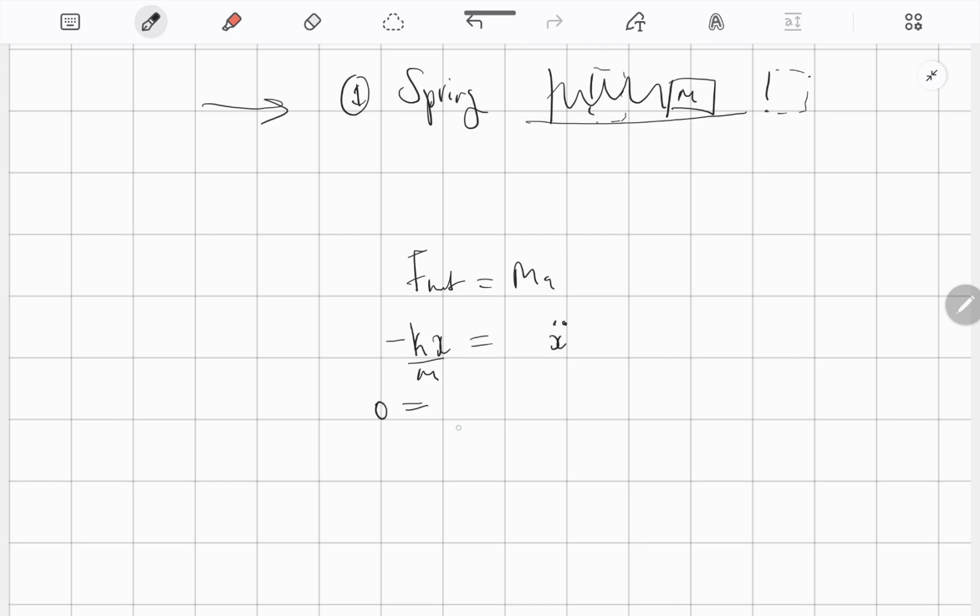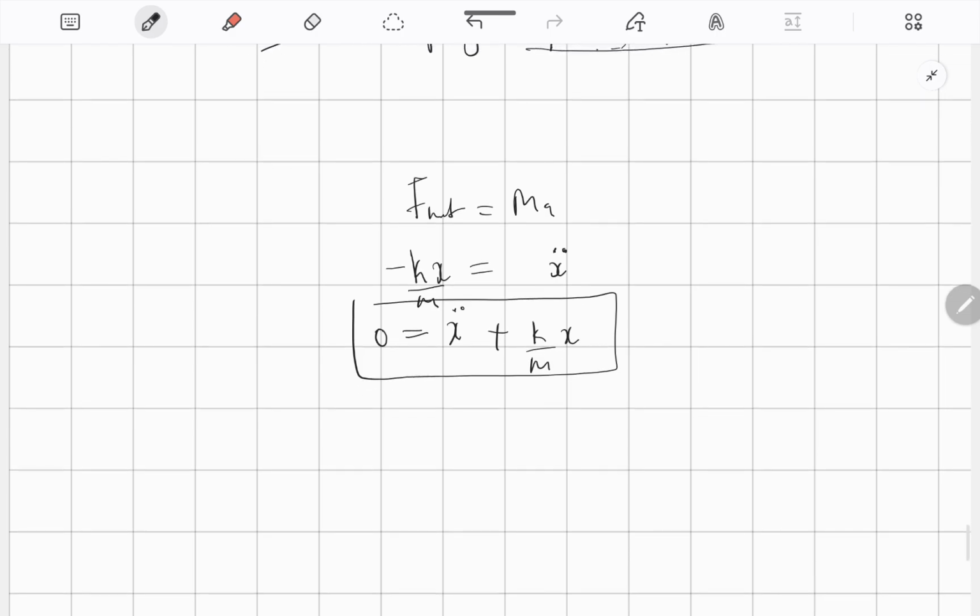Then I'll have x double dot plus k over m times x equals 0, right? If you take the course next year, which is called differential equations, a continuation of this course, we will study something called the characteristic equation. The characteristic equation of this equation is r squared plus omega n squared equals 0, and it can be solved by r equals plus or minus j.